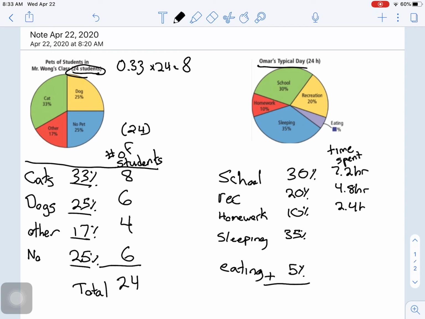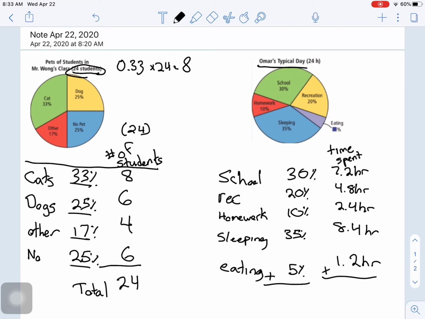Then 2.4 hours, then 8.4 hours and 1.2 hours.